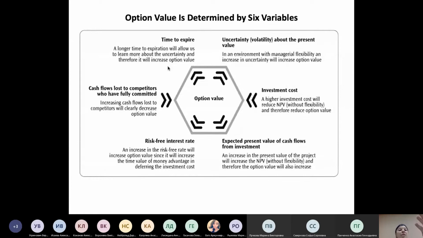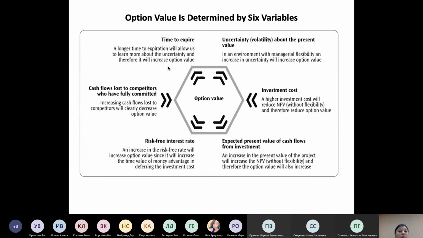Time to expire means the time to expiration of the project. Uncertainty is the volatility of the present value. It means, for example, changes in our benefits for the investment project.